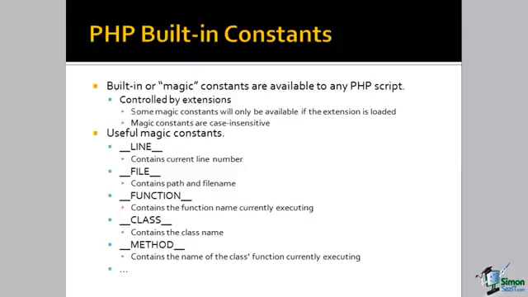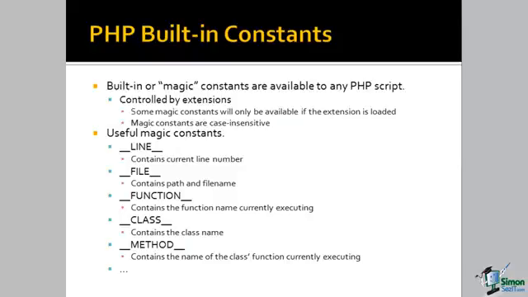Magic constants can be very useful for debugging and for logging the application execution. Here are a few useful constants: line and file. Return the file within which and the line on which the code is currently executing.